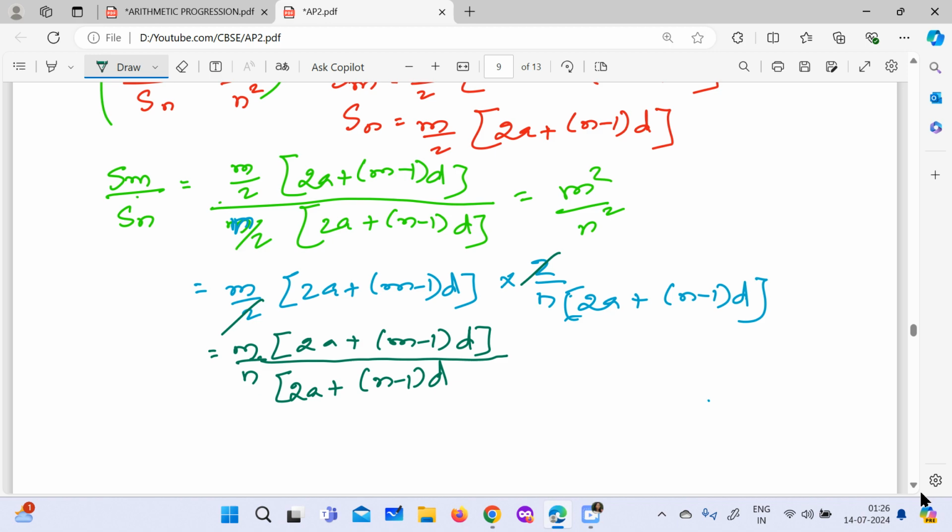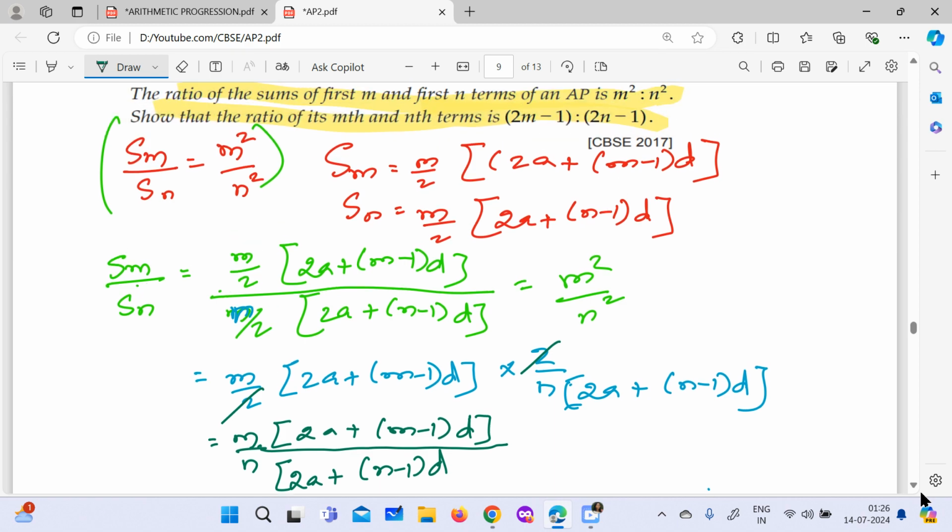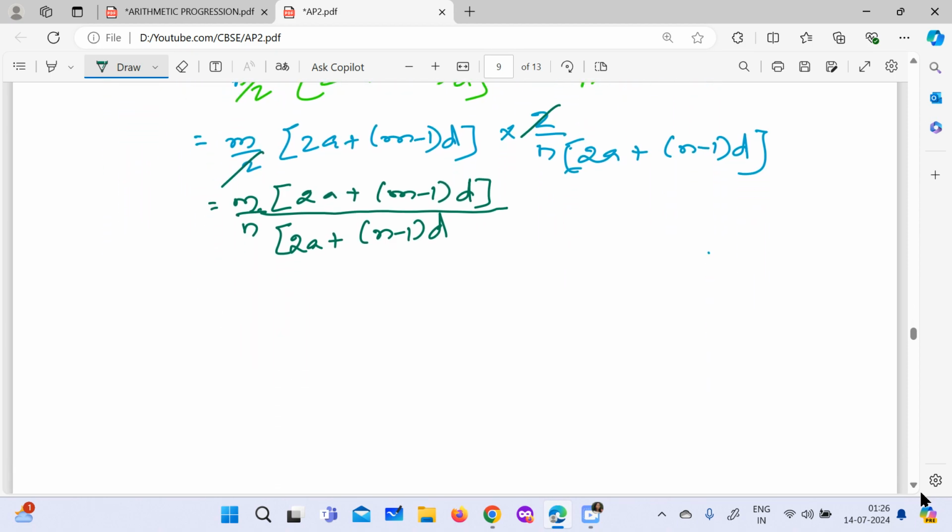And also it says that this is nothing but equal to m square is to n square. So we can write that as well. So this is equal to m square over n square. Okay, now we can work on it. So here you have m and n. Here this gets cancelled, so you get m.